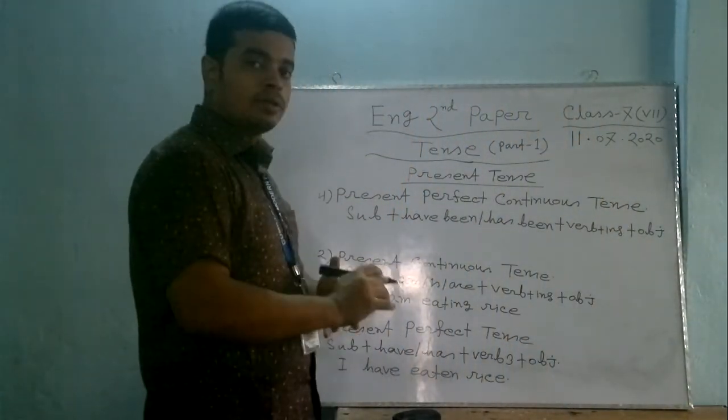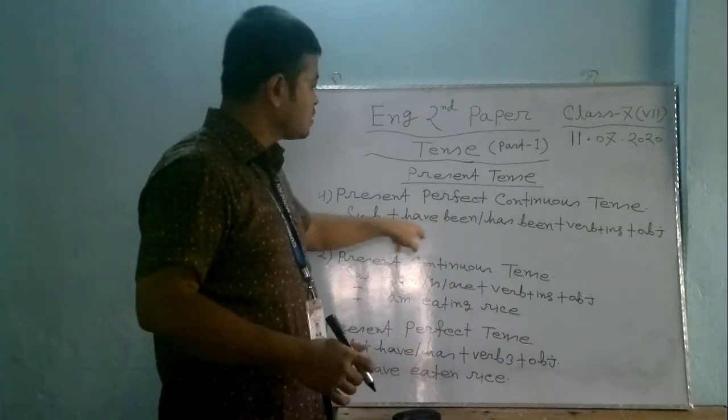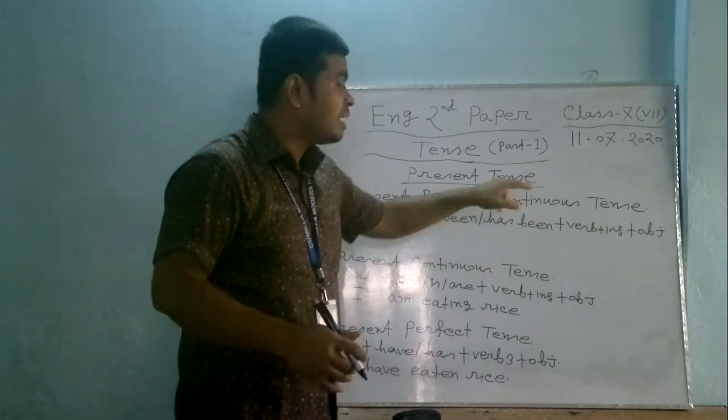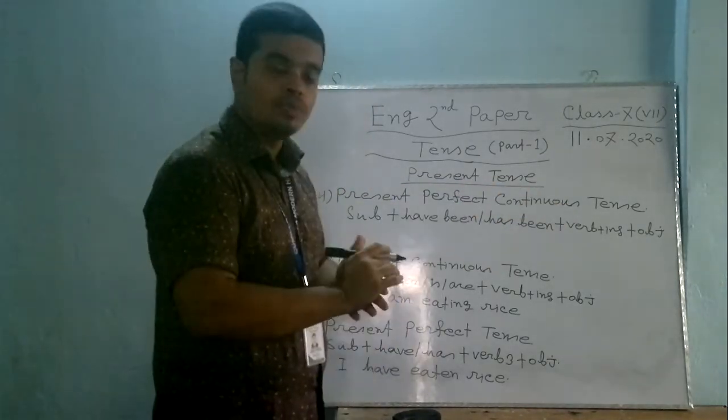First we write subject plus the two auxiliary verbs have been and has been, then the verb with ing added, then object.